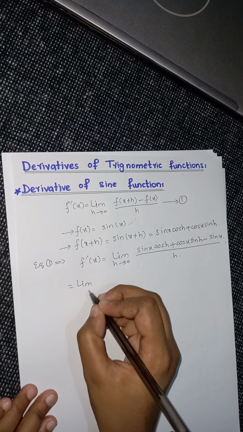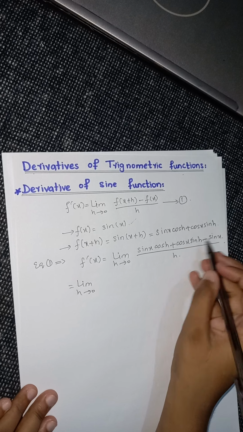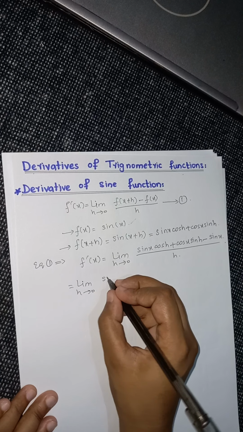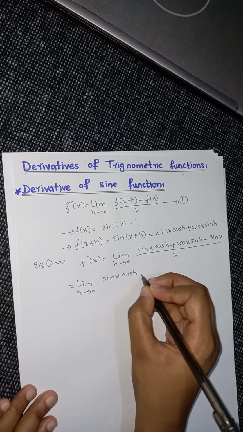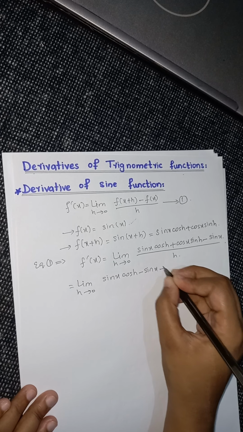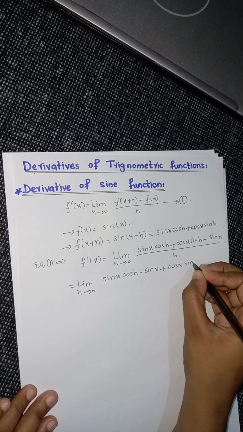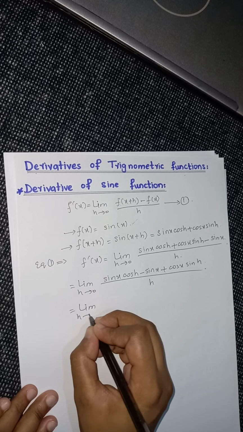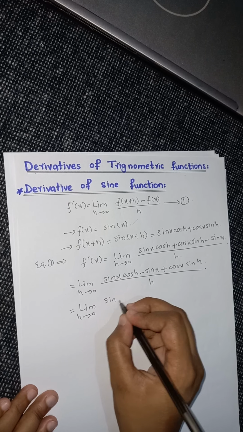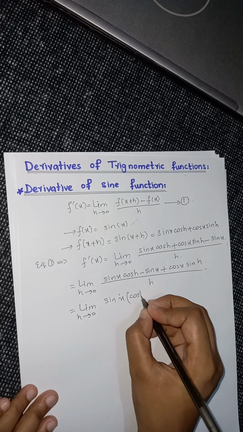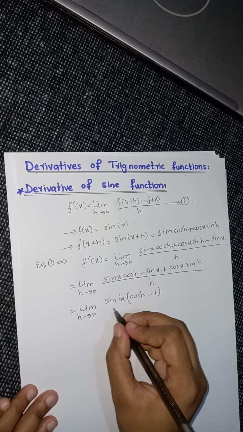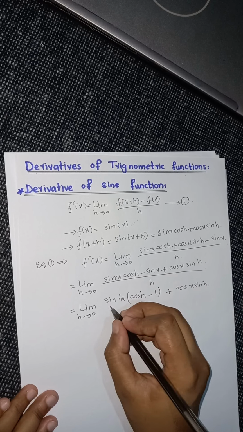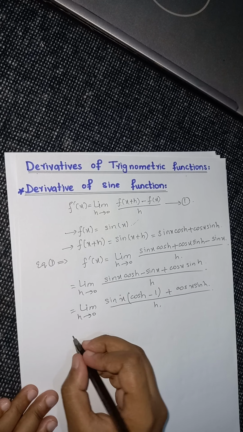Now after that, limit h approaches to 0, we will take the value here, because then we can take sin x as common. So I will write sin x cos h minus sin x plus cos x sin h, divided by h, and then limit h approaches to 0, sin x I can take as common, and we are left with cos h minus 1, plus cos x sin h, divided by h.